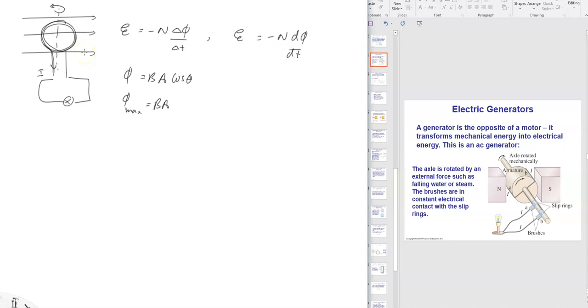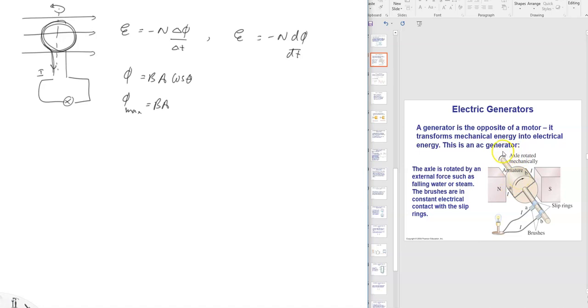So in a practical application, this diagram to the right, we call these things electrical generators, or sometimes dynamos. Here you see there are two magnets, and in the middle there is one loop of wire wrapped around some kind of cylinder. It's rotating, in this case clockwise.